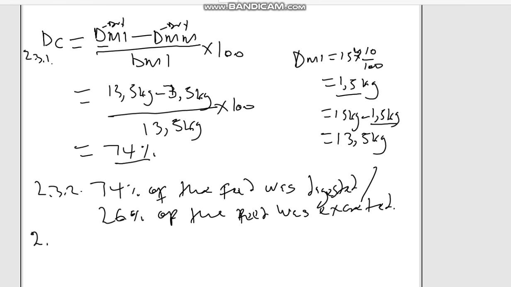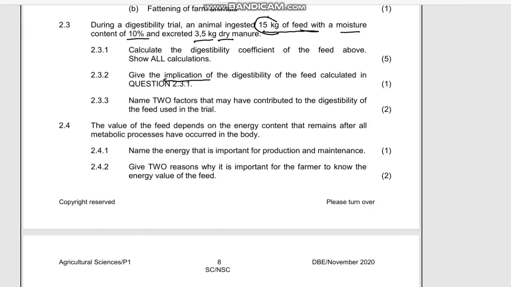On our last question, 2.3.3, the question says: name two factors that may have contributed to the digestibility of the feed used in the trial. There are so many factors that contribute to the digestibility of feed. For example, let's say you're having potato chips, or French fries as you call them. I believe that they're more palatable if you add vinegar and salt.